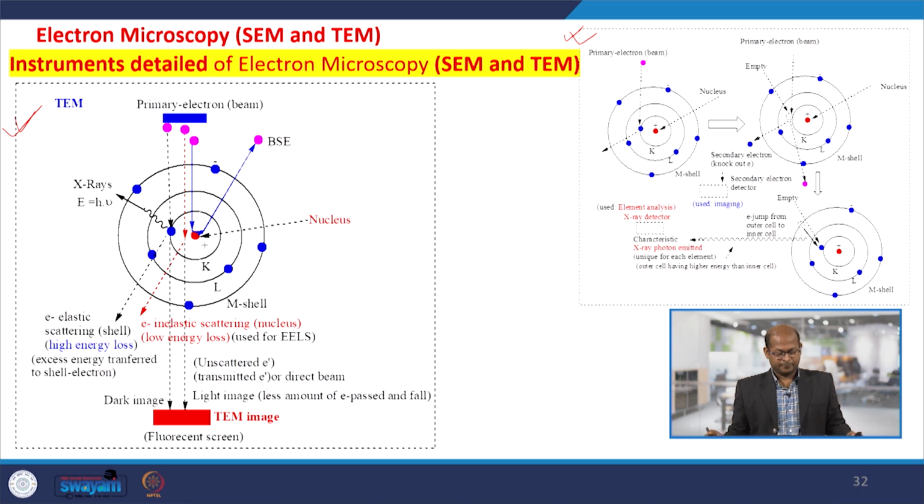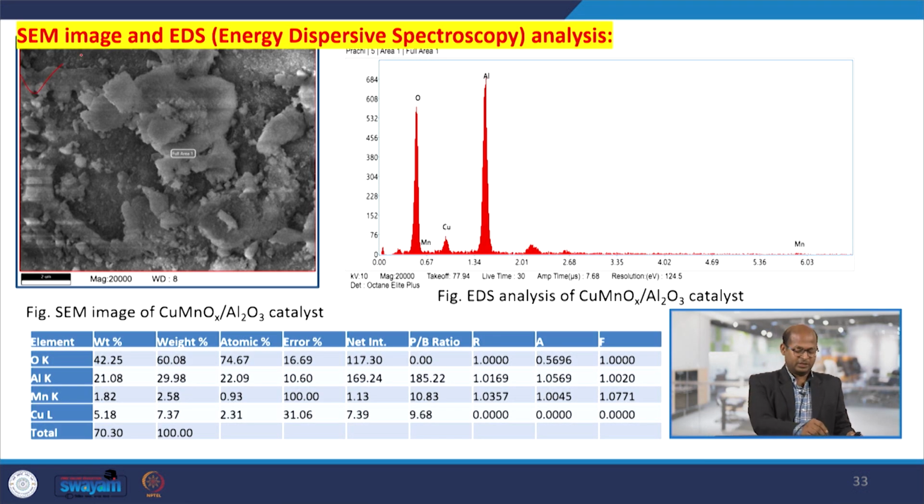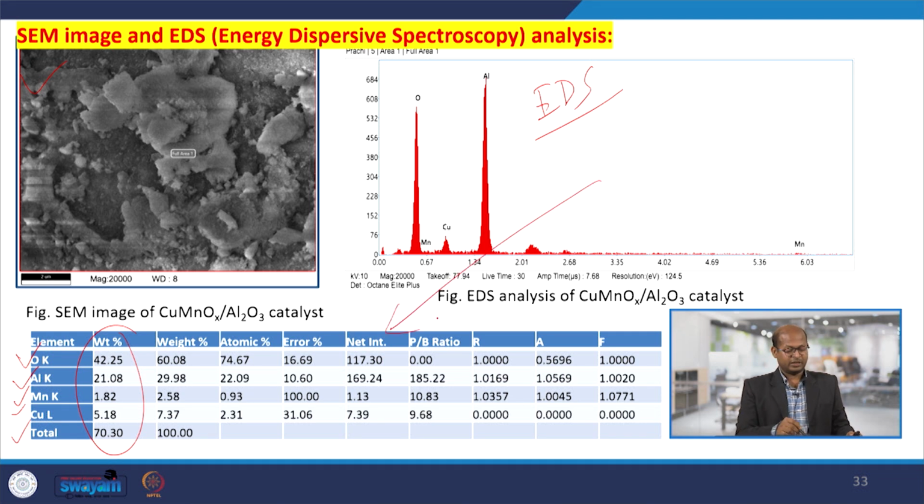From the EDS analysis you can get the particular elements present in that catalyst and at what percentage, along with the image of that sample.